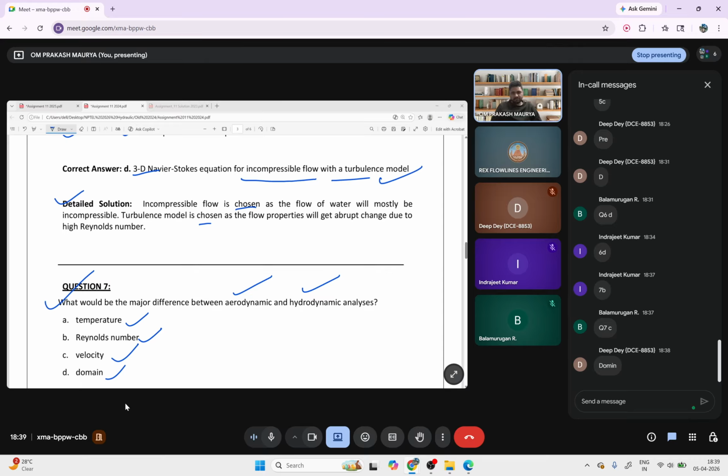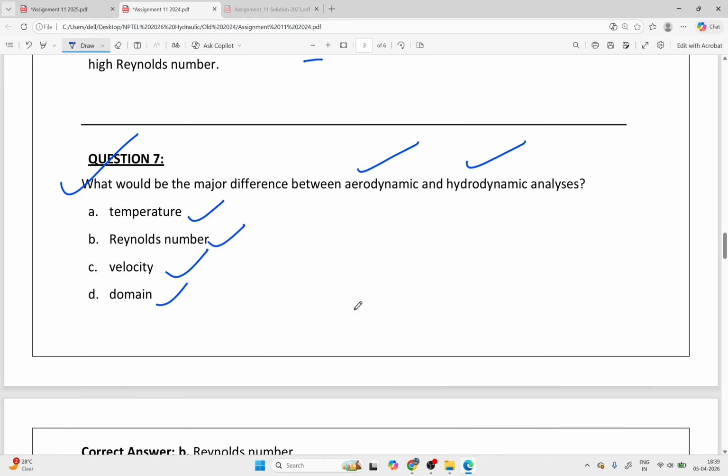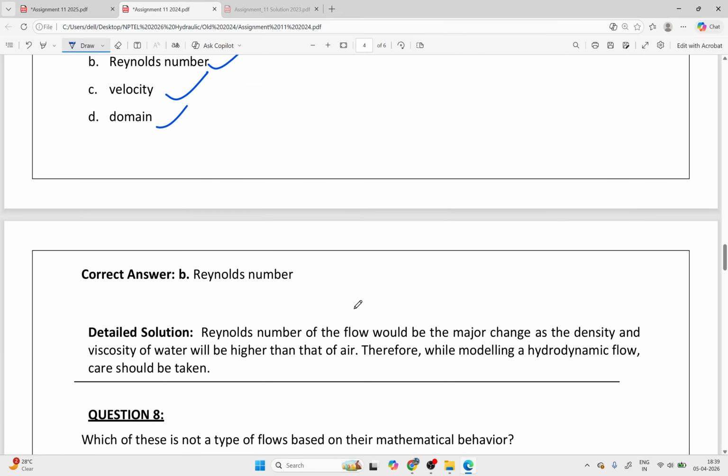Here all the answers are very contradictory, not matching. So let me just show you. Here is the Reynolds number. Let me just read the detailed solution, then I'll discuss. The Reynolds number of flow would be the major change as the density and viscosity of water will be higher than air.